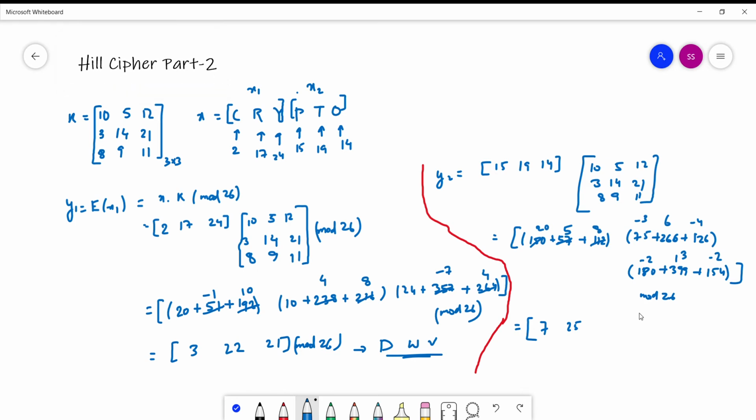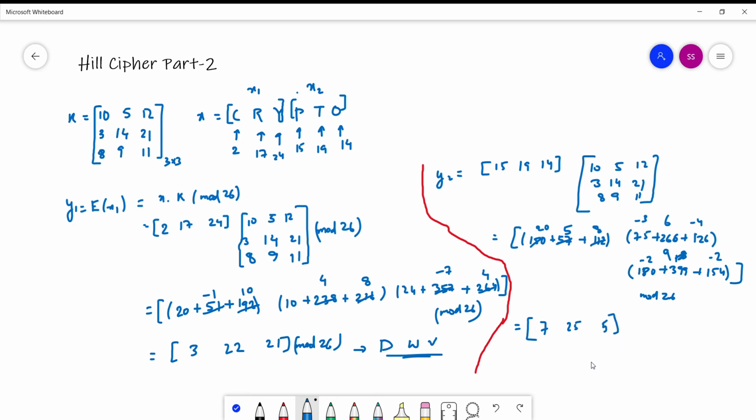I did some mistake again. 399 is not 13, it's 9, because 390 is divisible by 26, so the remainder is 9, and this will become 5.